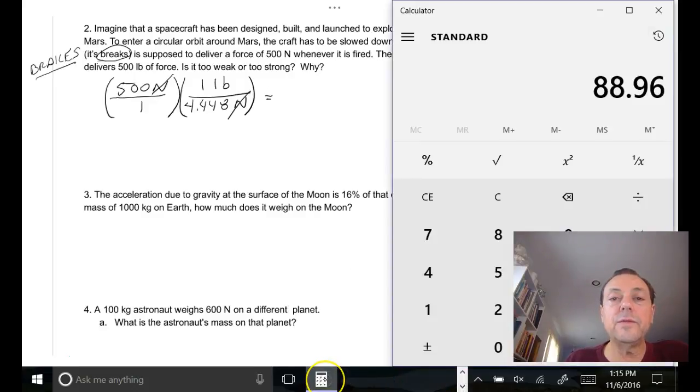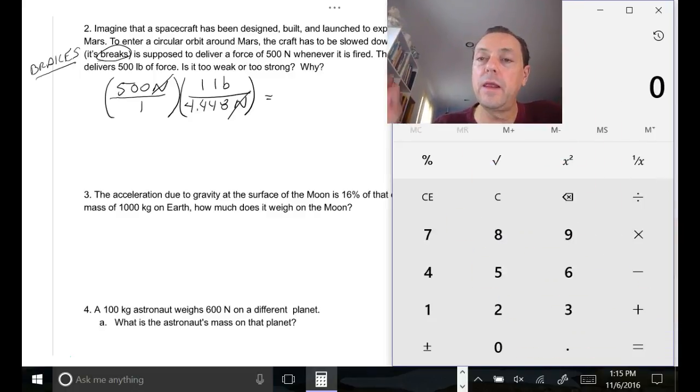So let's see if I can find my calculator again. 500 divided by 4.448 equals.